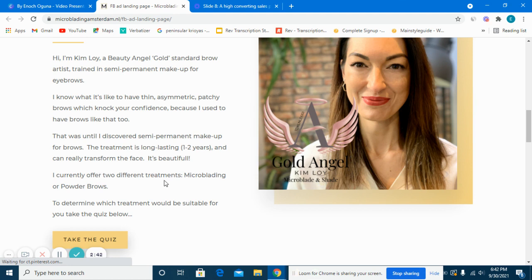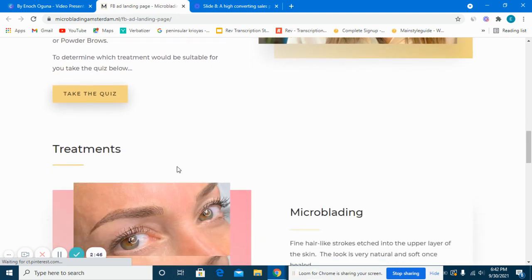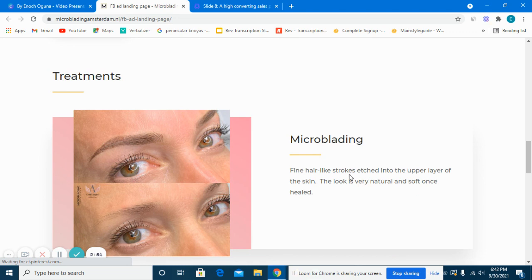I currently offer two different types of treatment, microblading, and so she's just explaining what she's offering over here, and then over here the look is very natural and soft once healed. And so she's explaining what happens after a microblading treatment. It's more of a post-care type of thing.